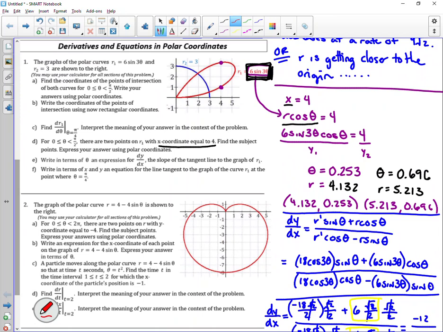Those 2 sections, I might only do 1 day of. We might spend more time on polars and less time on the other stuff.